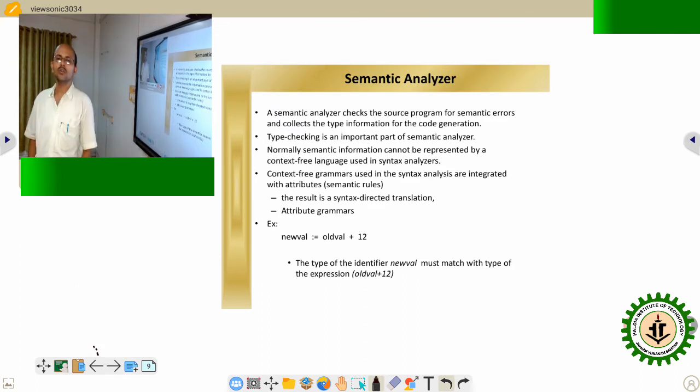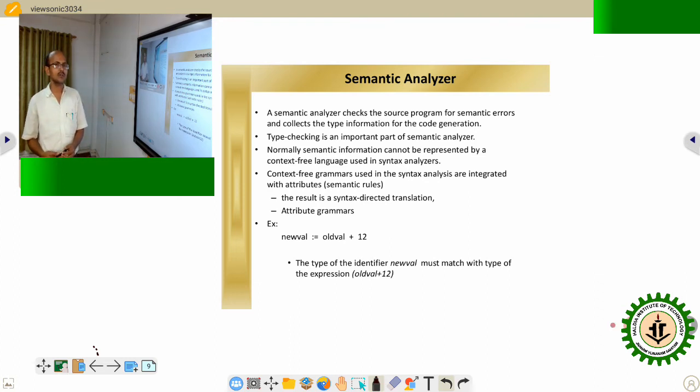Okay, now come to the semantic analysis. Once the grammar has been checked, and you have written the program as per the grammar, then we have to find the meaning of the sentence. What does it mean? Which type of operation is to be performed, on what type of data, or whether the operation is to be performed at all on the data or not.